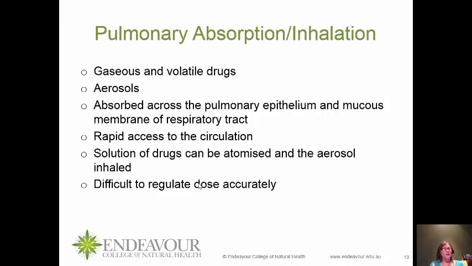Some drugs don't turn into volatile vapors or gases, but they can be turned into small droplets, so they can be aerosolized and taken by the inhalational route. But not all medications can be taken by that route, so that will be a serious limitation for Western pharmacy drugs, and as you'll see, also in your modalities.